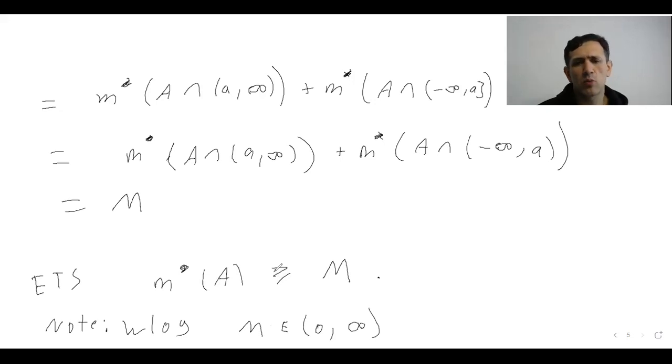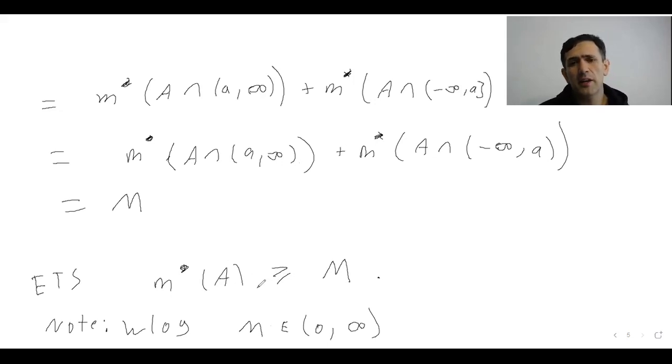Why is that? Well, if M is infinity, then one of these two has to be infinity. And A is larger than one of these two sets, so the outer measure of A also has to be infinity. So this is trivially true.